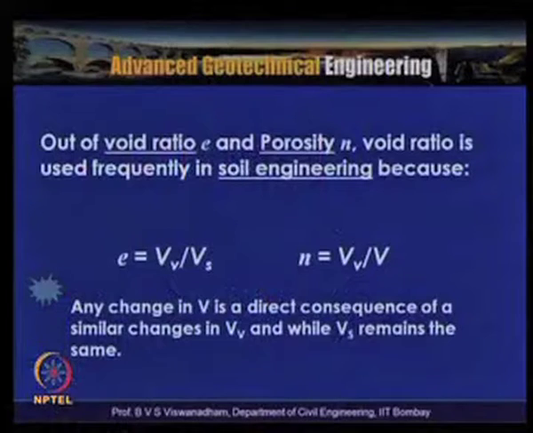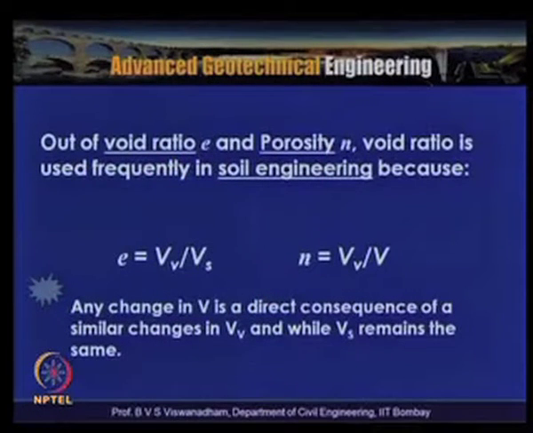Now, in soil mechanics or geotechnical engineering, we use void ratio. Out of void ratio e and porosity, void ratio is used frequently in soil engineering for a particular reason. If you see the definition, e is equal to Vv by Vs, n is equal to Vv by capital V. Any change in volume is a direct consequence of a similar change in volume of voids, while Vs remains constant.